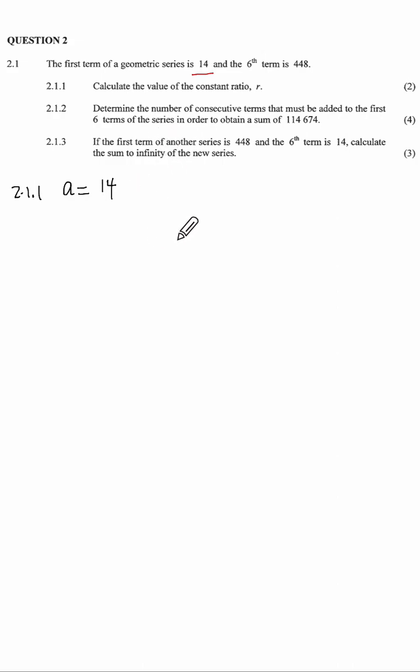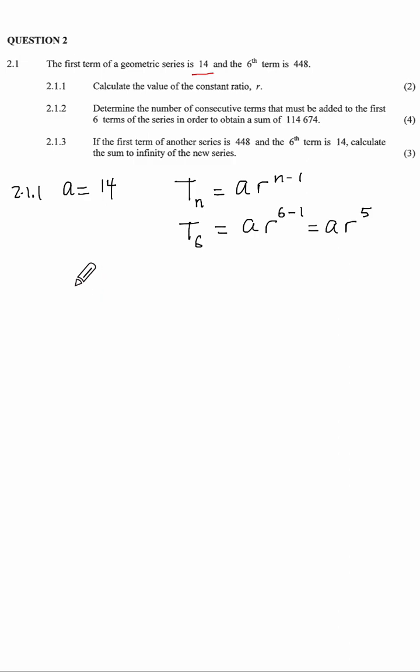And we also know that T6, the sixth term, is 448. The general term of a geometric series is Tn equals a r to the power of n minus 1. So T6 is a r to the power 6 minus 1, which is a r to the power 5.